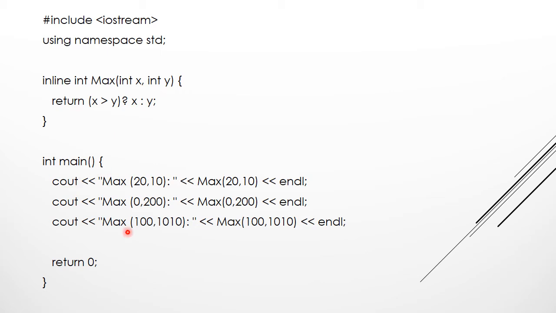And inside the main function, I have called this function several times, that is max 20, 10, max 0, 100, max 100, 10, etc. For several steps, I have called the same function without change in its values.